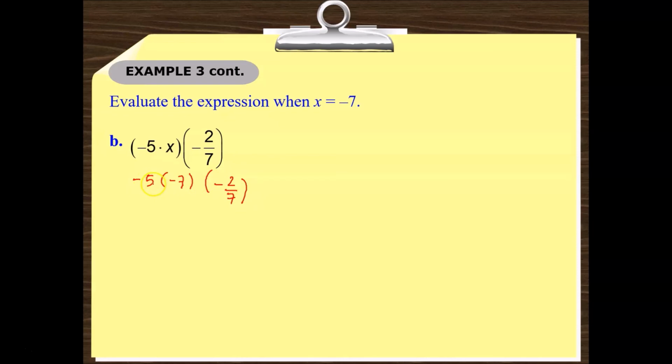Okay, so negative and negative and another negative. We have 3 negatives. So it's an odd number, so we expect a negative final answer. Now let's simplify. We have 7 divided by 7 is 1. Therefore, we have left 5 times 2 is 10.